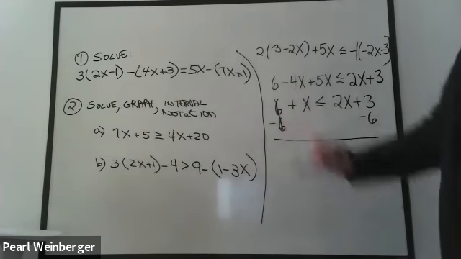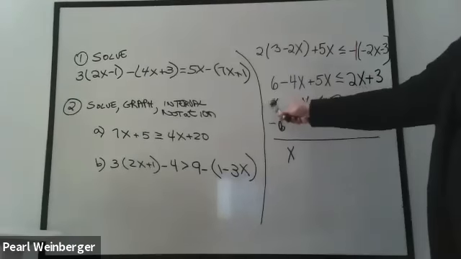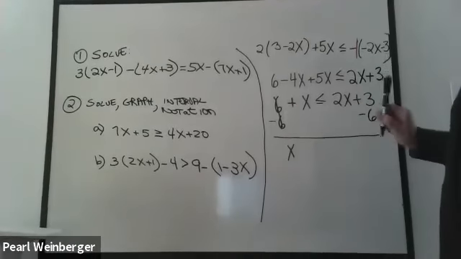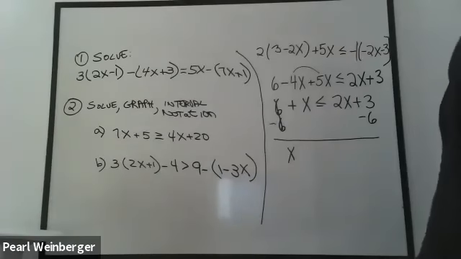So this gets canceled out, and I'm left with just... Wait, Professor, you lost me. Okay. Can you repeat that again, please? Everybody's okay with 6 plus x is less than or equal to 2x plus 3? You're okay with that? These two numbers are like terms, correct?